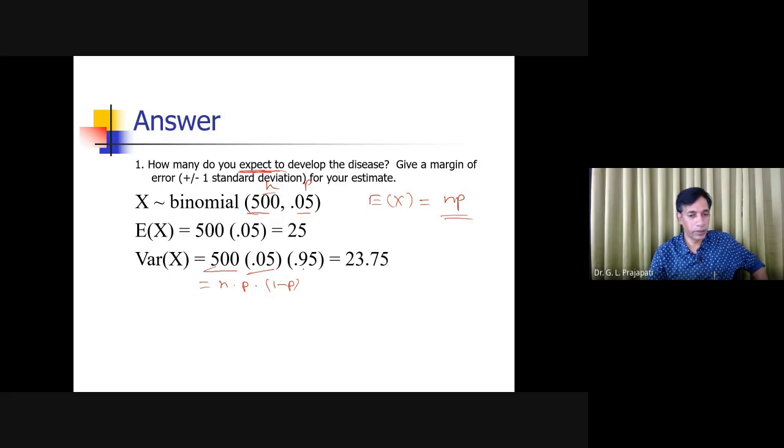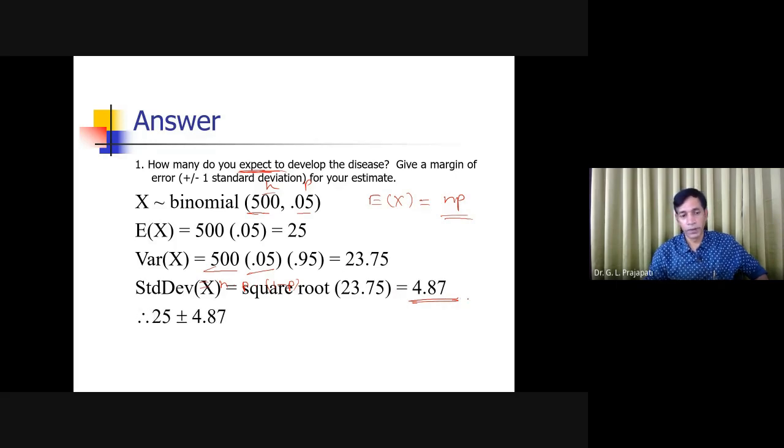No disease means failure, so no disease is 0.95. So variance is like this, and standard deviation is the square root of this. And this is the plus or minus standard deviation for your estimate.